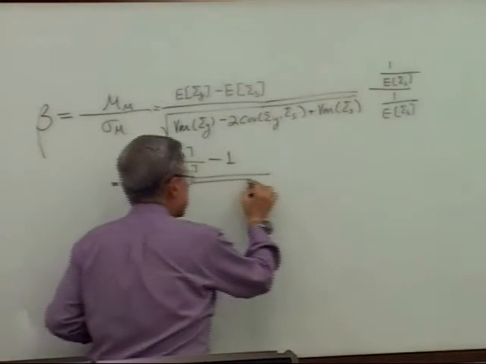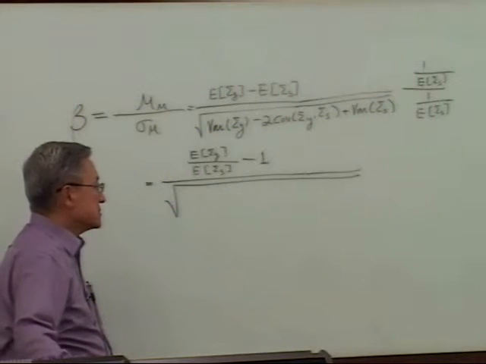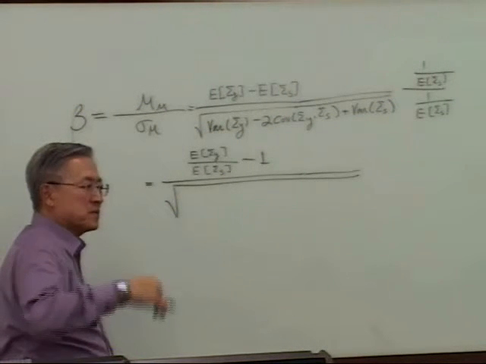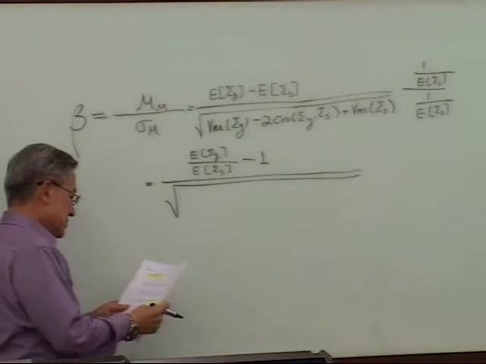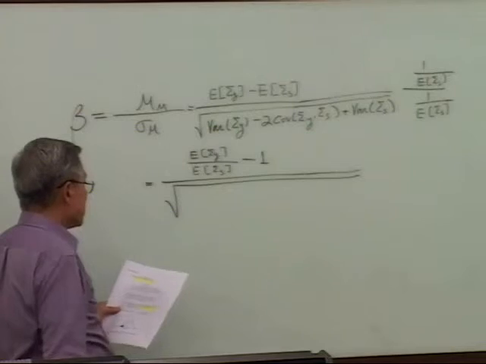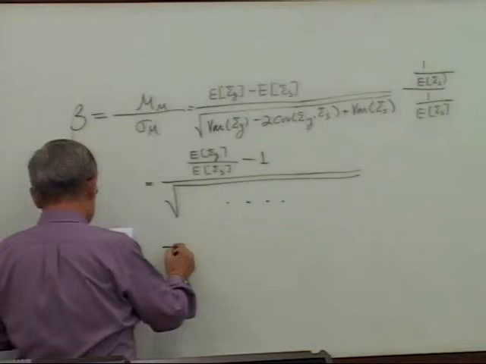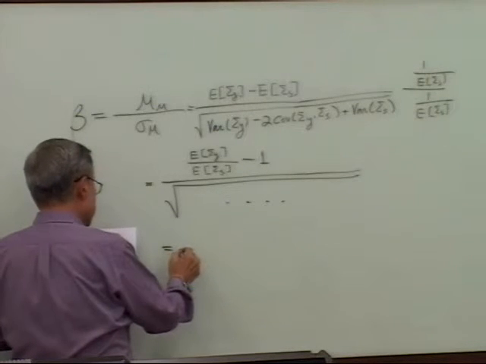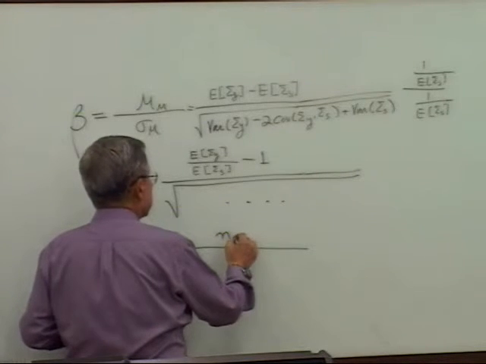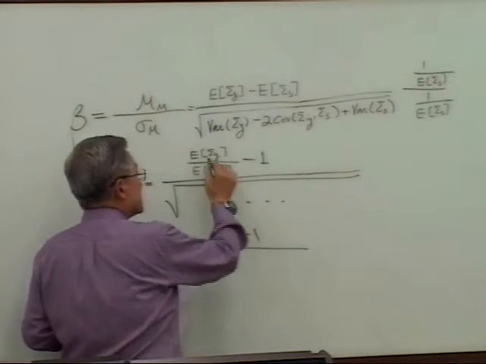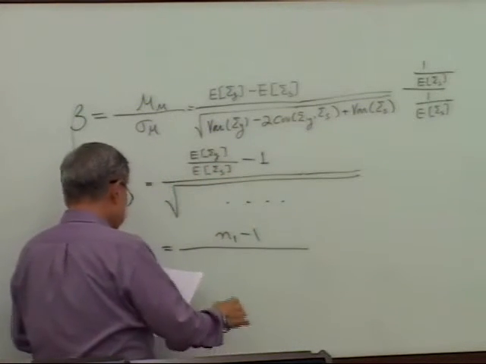Then the denominator is rather long, more terms in there. If you have my notes, please really confirm that. Then if you do that, you can have all that, right? If you do that, you have this. And this is N1, right?